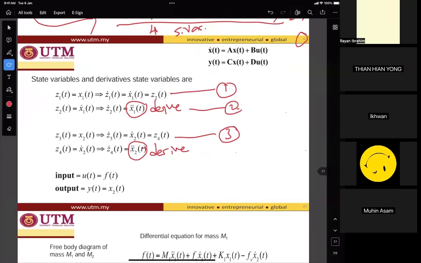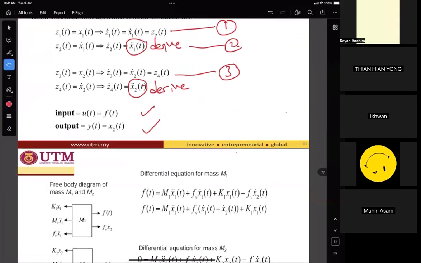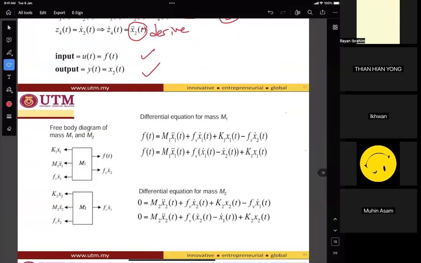As I mentioned just now, the input is u and the output is y, which correspond to the force and the displacement of x2. So now we draw the free body diagram.